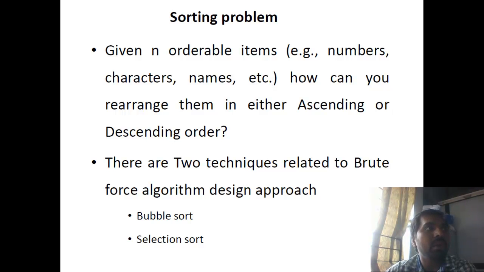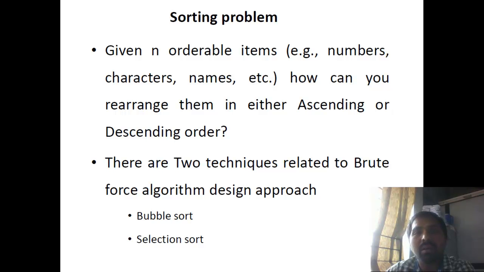Then coming to the sorting problem. Normally you can get so many values from the database. If we want to sort them out, we need some logic, some technique. For that we have so many methods like bubble sort, selection sort, insertion sort, heap sort, merge sort, quick sort, radix sort, shell sort. But out of these methods, we are going to discuss only two under the brute force method.